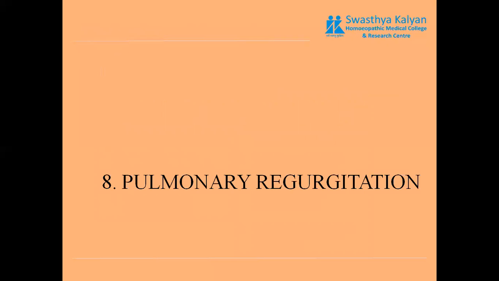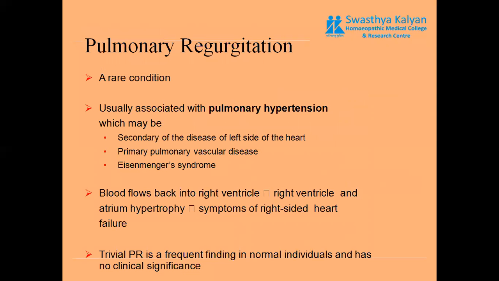Now, the last one, pulmonary regurgitation. It is a very rare condition, usually associated with pulmonary hypertension, which may be secondary to a disease of the left side of the heart, primary pulmonary vascular diseases, and Eisenmenger syndrome.